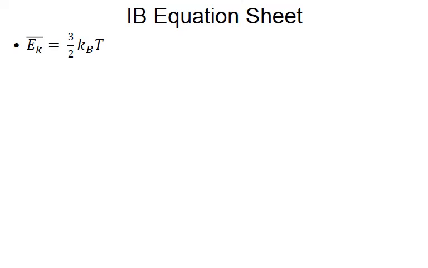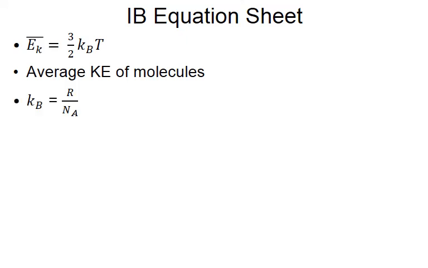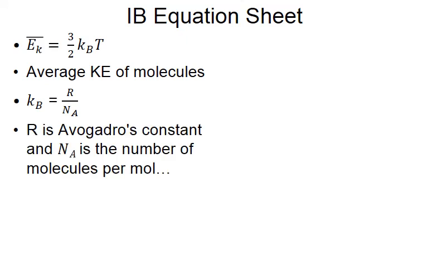and when we calculate that, we'll end up getting the overall energy. If we look on the equation sheet that we have, the average kinetic energy of the molecules is 3/2 kT. We know that k, Boltzmann's constant, is the gas constant over Avogadro's constant, or Avogadro's number, same thing.